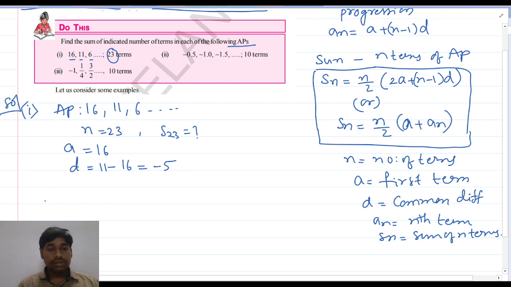So the sum of 23 terms is n by 2 of 2a plus n minus 1 into d.